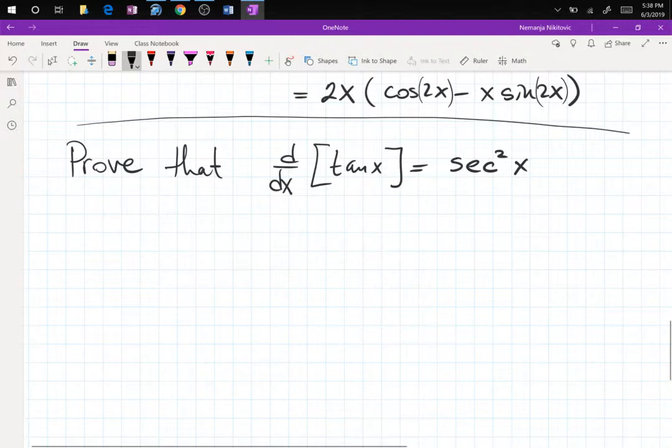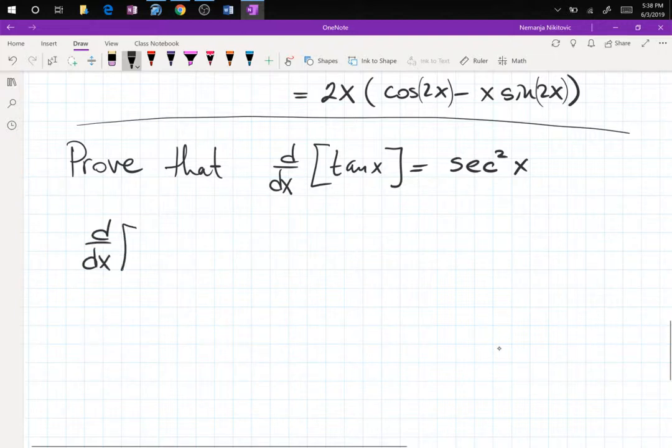What can we write tangent as? Sine over cosine, and then unleash quotient rule upon it. Very good.